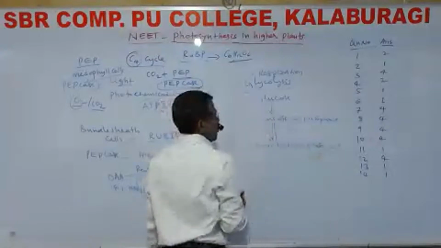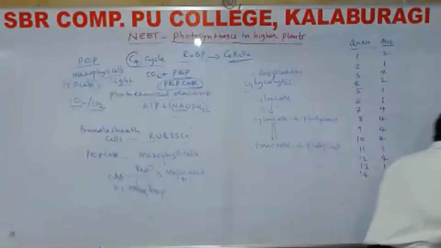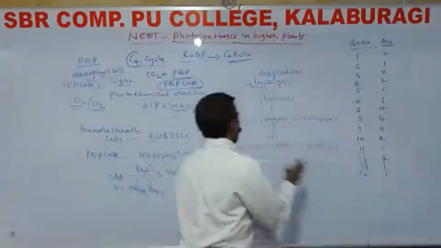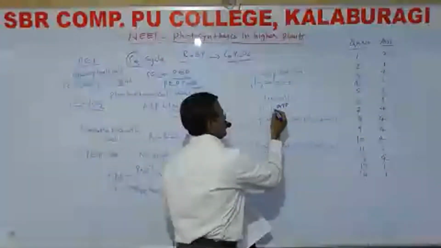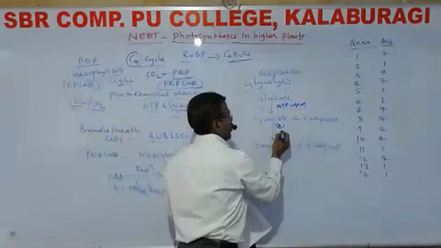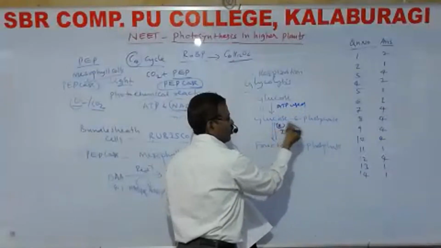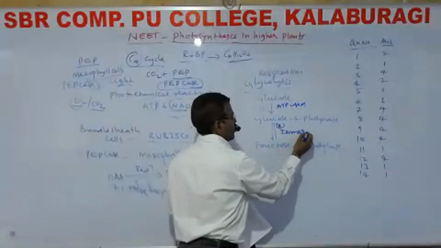This is step number 1, where ATP is used. This is step number 2, where ATP is used. This is isomerization, glucose 6 phosphate to fructose 6 phosphate.